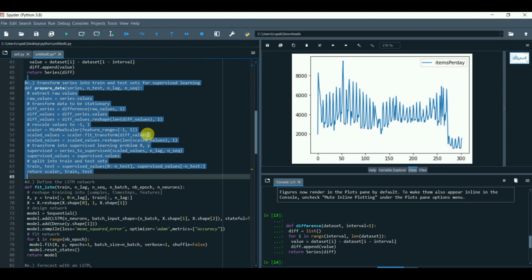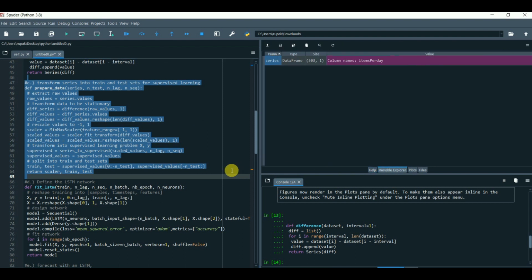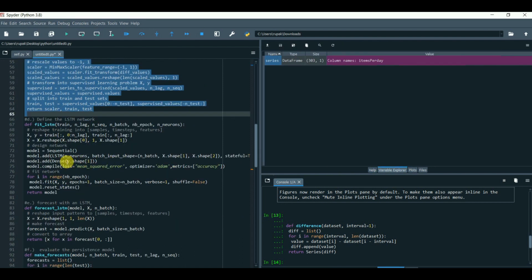We also call this normalization, using the min-max scaler preprocessing class function. Even the default activation function for LSTM is the hyperbolic tangent, tanh, which outputs values between -1 and 1, which is the preferred range for the time series data. Then we'll split the data into train and test.